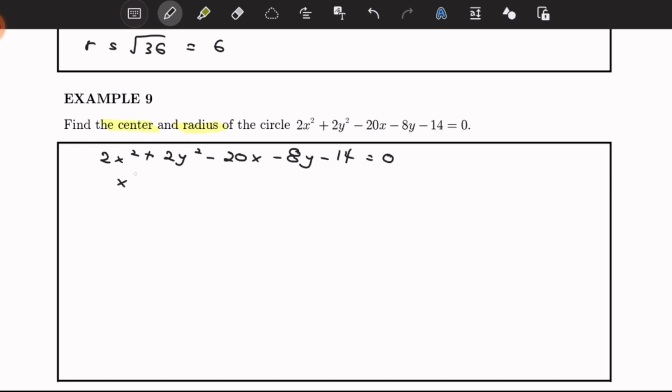So we are going to have x squared plus y squared minus 10x minus 4y minus 7 equals 0.